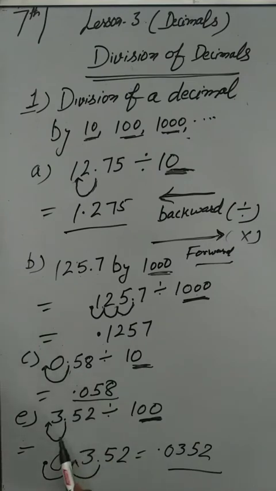And similarly in the last, 3.52 divided by 100, now 2 zeros are there, so it will shift toward the left 2 positions. When it shifts one position and no digit is there, you can put a 0 ahead. So your final answer is 0.0352. Understood, beta? I hope you can easily solve these types of problems.